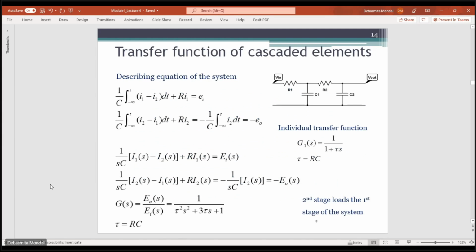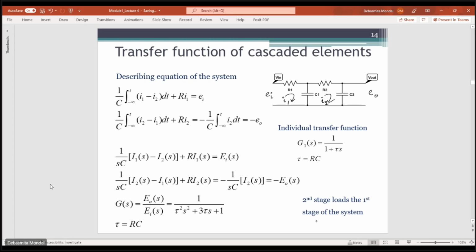So in order to clarify what we have seen just now, let's say there is a system where there are two cascaded RC circuits. R1 and C1, then R2 and C2. Let us say the input voltage is Ei and the output voltage is E0, the current flowing in the first loop is I1, and in the second loop it is I2.